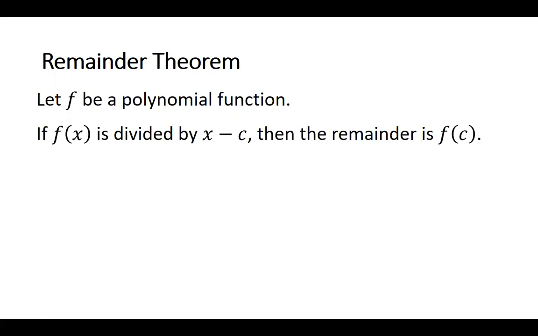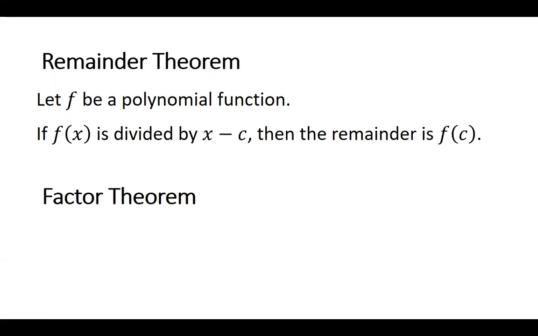So if we were to divide something by x minus 5, then we could just plug 5 into the function, and that'll tell us the remainder. And we'll do an example of this, don't worry.